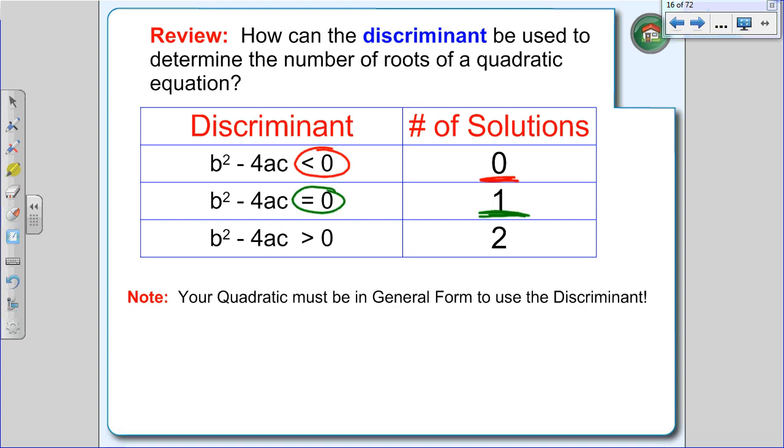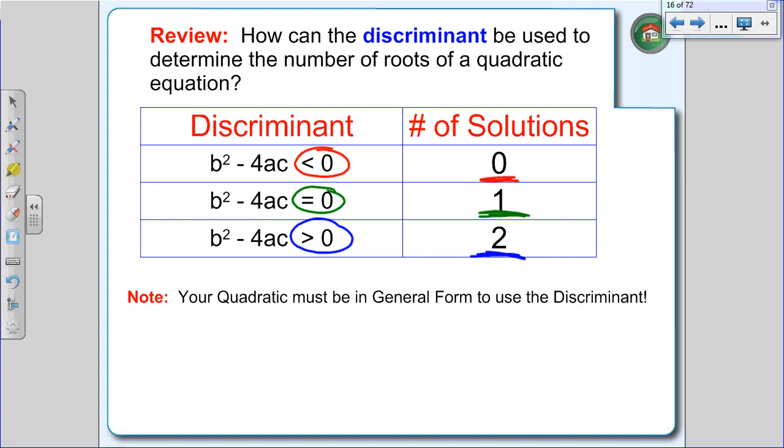And lastly, if the discriminant is greater than 0, you're going to end up with 2 solutions. The reason being is that plus-minus symbol, right? So if you had a positive discriminant, you would have the addition situation for one answer, and then you'd have the subtraction situation for your second.